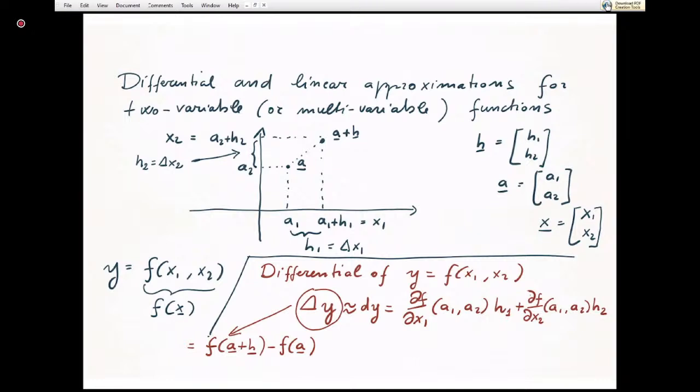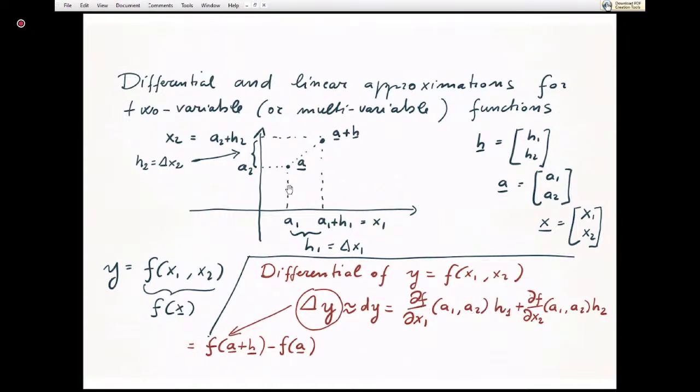But what is the differential in this case? It's the partial derivative with respect to x1 times h1. This would be the differential. The partial derivative of my function with respect to x1, computed at the initial point, times h1. That would be the differential in this case.